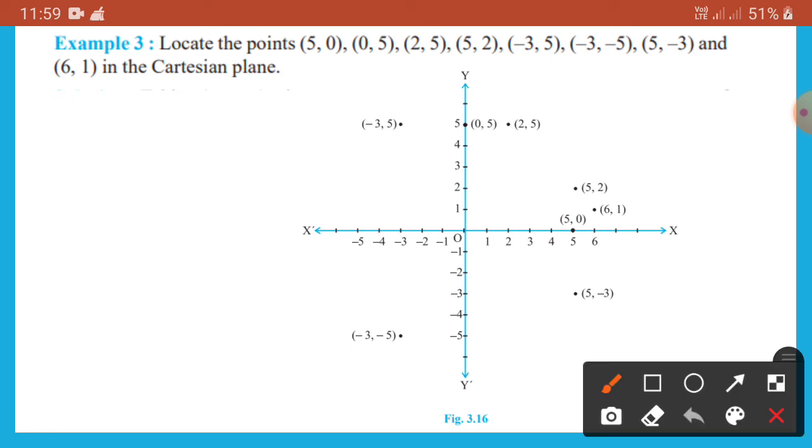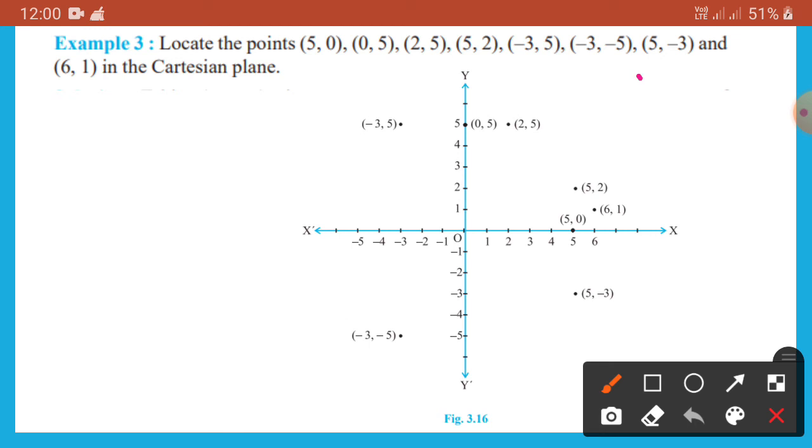So now the distance from the y axis is 3 here, and the distance from the negative x axis is 5, so the coordinates are (-3, -5) here.